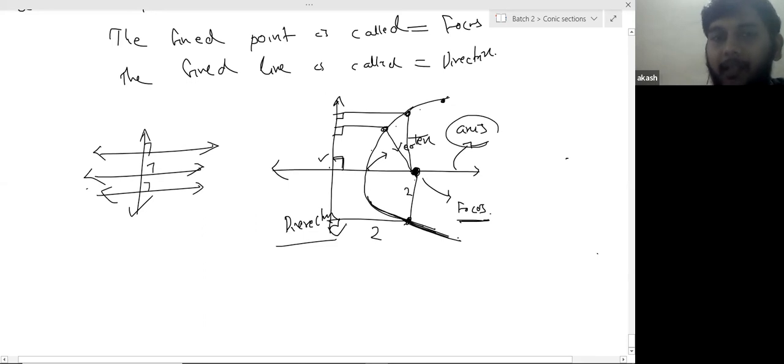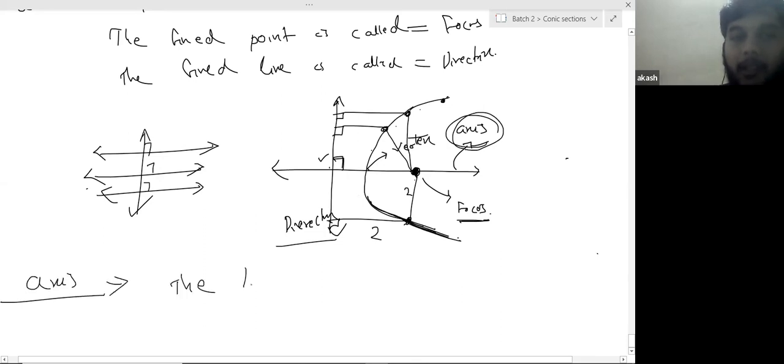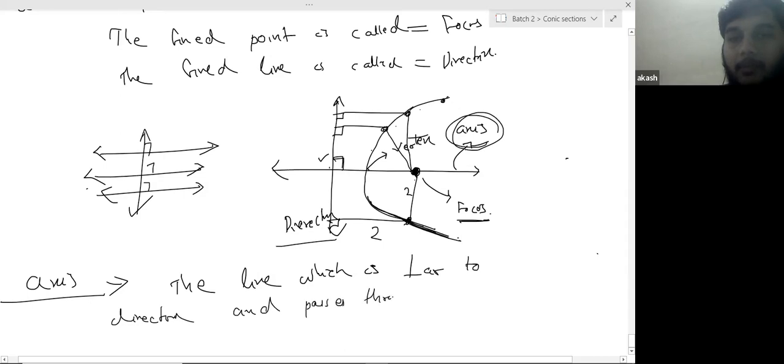That line which is perpendicular to the directrix and passes through the focus is called the axis of the parabola. Write it down. The line which is perpendicular to the directrix and passes through the focus.